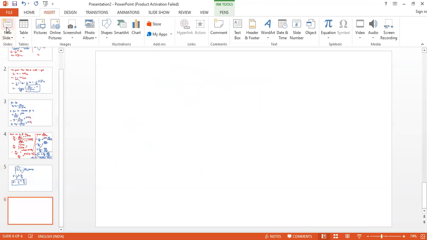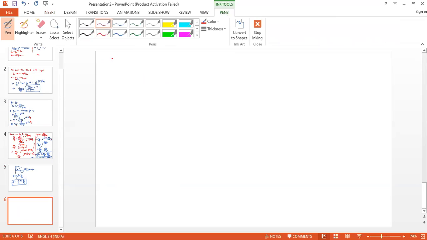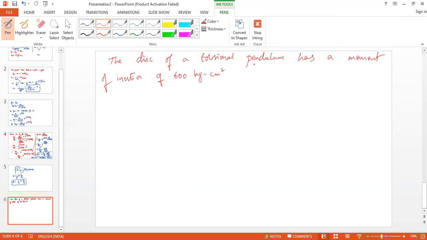So let us solve a problem. The disk of a torsional pendulum has a moment of inertia of 600 kg centimeter square and is immersed in a viscous fluid.